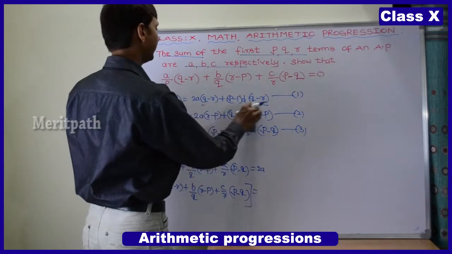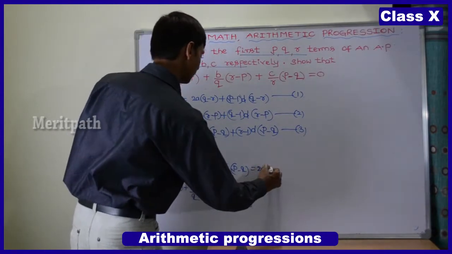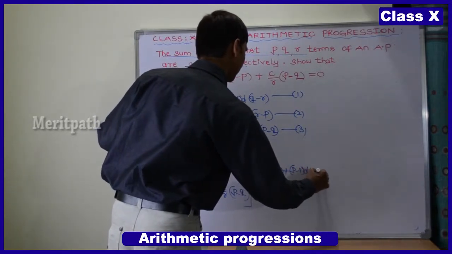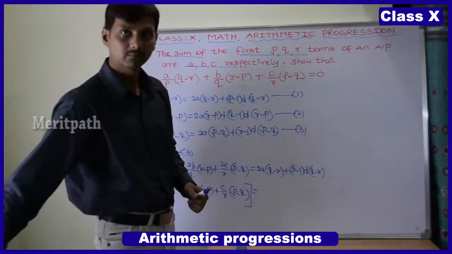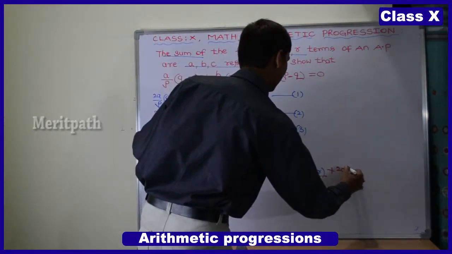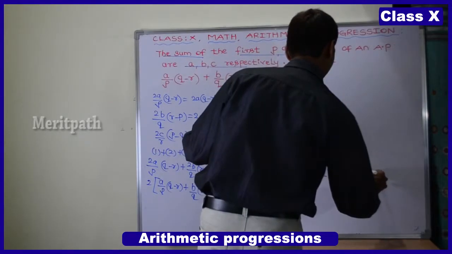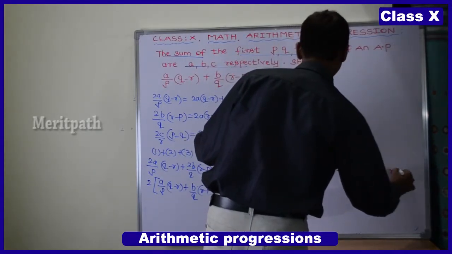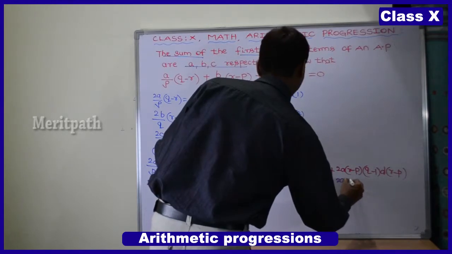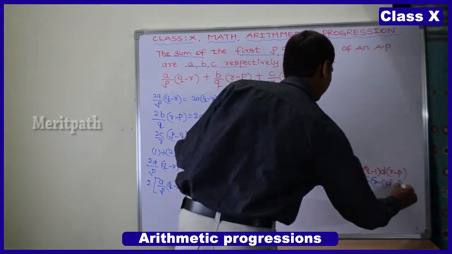When we add these three equations on the right hand side: 2a into q minus r plus p minus 1 into d into q minus r, plus 2a into r minus p plus q minus 1 into d into r minus p, plus 2a into p minus q plus r minus 1 into d into p minus q.